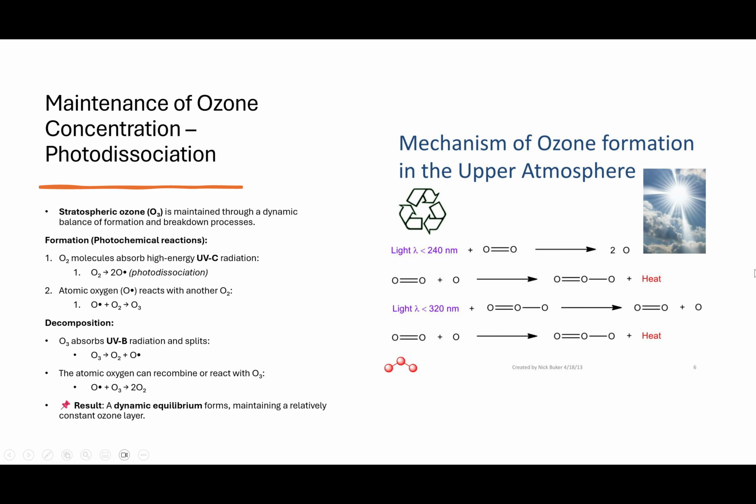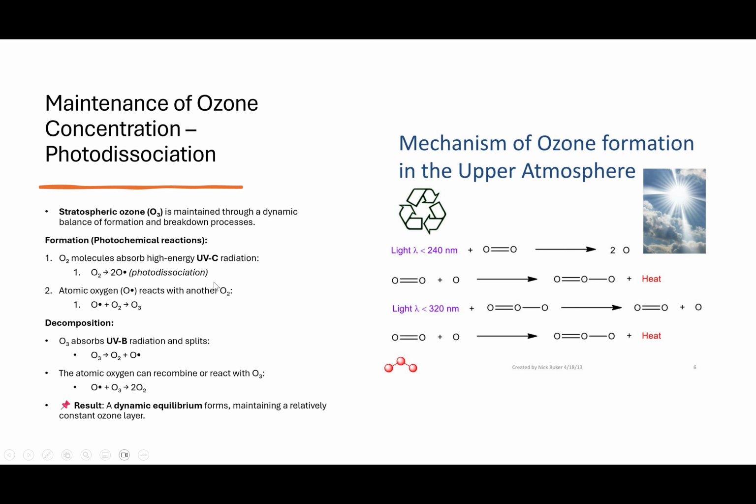So, the maintenance of ozone concentration via photodissociation. Stratospheric ozone is maintained by a dynamic balance of formation and breakdown processes. This is just a summary. For formation, oxygen molecules absorb UVC radiation and go through photodissociation.